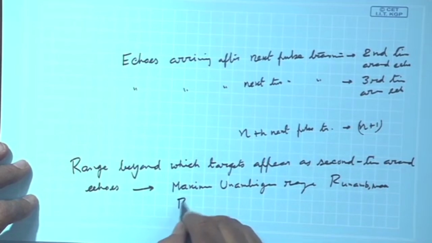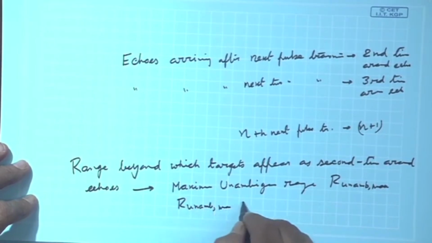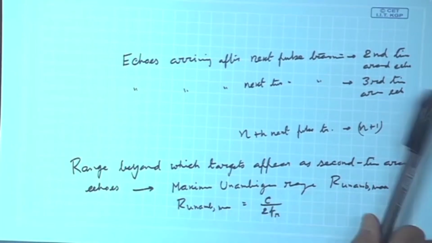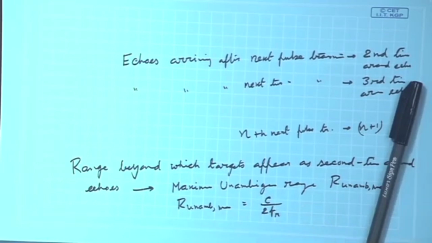Mathematically, R unamb max is c by 2 fr, where c is the velocity of light.